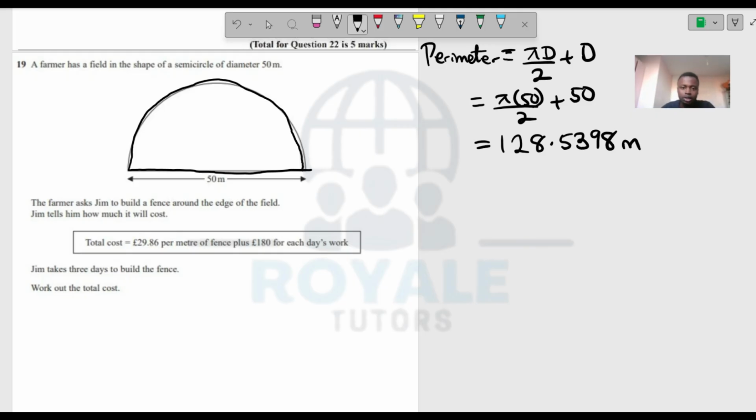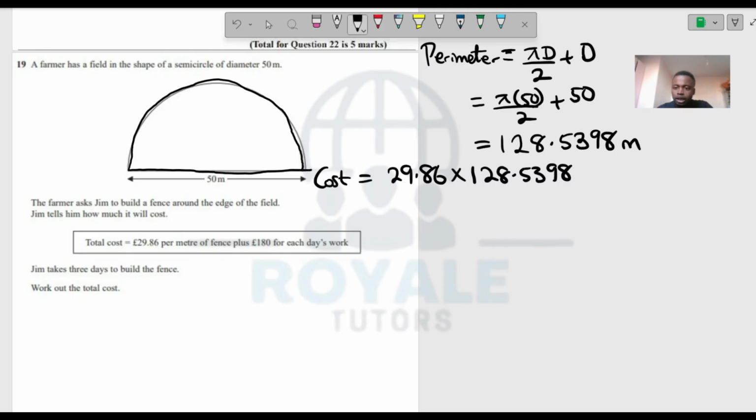So now to calculate the cost is going to be £29.86 multiplied by the length of the fence. So if you have the answer on your calculator not cleared off, just do multiplied by that answer. So that's multiplied by £29.86 equals.